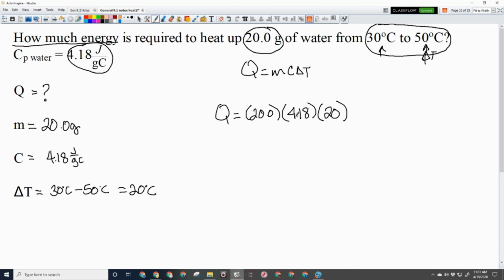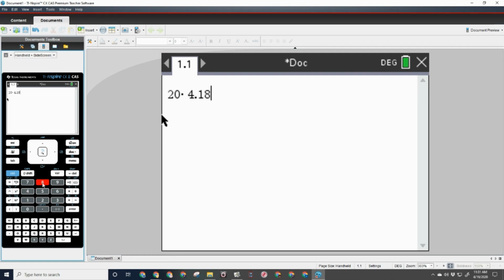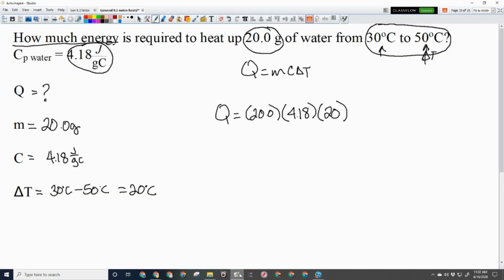20 times 4.18 times 20. So go to the calculator. 20 times 4.18 times 20. This is going to end up with 1.672 times 10 to the third joules.